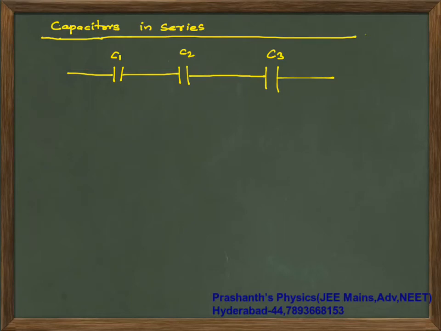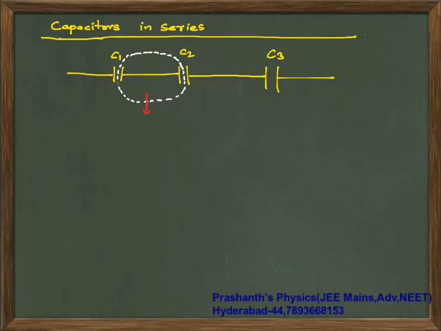So now when capacitors are connected in series like this, I want you to keep an important point in mind. If you consider a dotted line between the plates of the capacitor like this, inside these plates your enclosed charge is equal to 0.